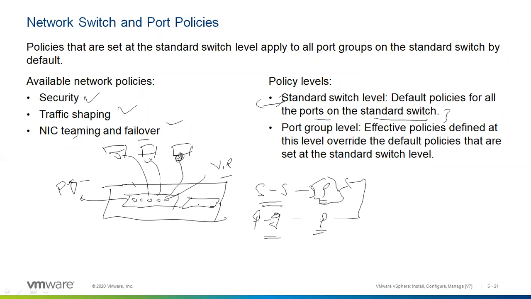So if on the switch level we have policy 1, and the port group level has policy 2, then policy 2 will override the policy coming from the switch. Got it?